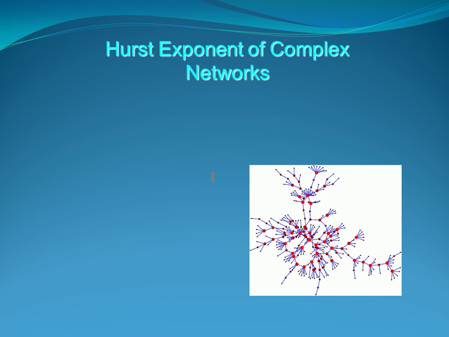So Hurst is somebody who decided that they would try and examine a phenomenon called the flooding of the Nile. Now, one of the interesting things about the Nile River is that they have a history that dates back to the Egyptians, and they have an accurate history that goes back to about 600 AD.